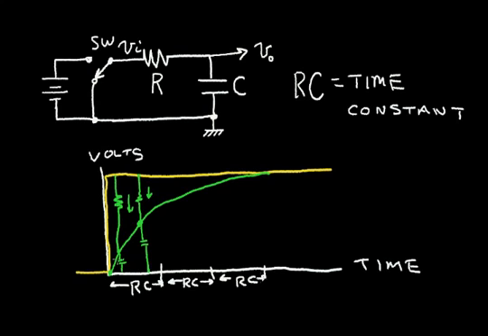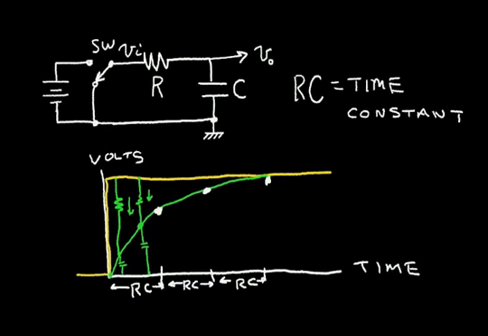So this circuit here at this point is charged up 3 time constants. At this point has charged up 2 time constants. At this point has charged up 1 time constant. We can write an equation for this Vout versus Vin. This is Vout, this is Vin, or VI.